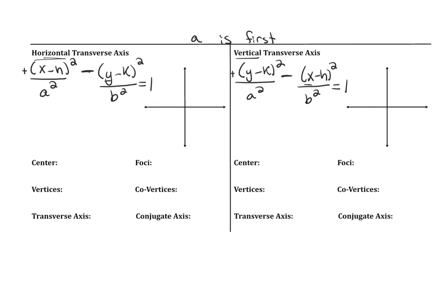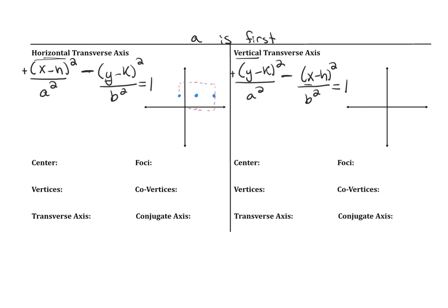So I'm just going to draw a generic one. There's this center, and then there are vertices. And then I have what we'll call co-vertices, but they're not actual points on the graph. They're just going to guide us.